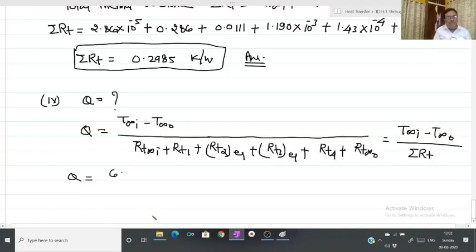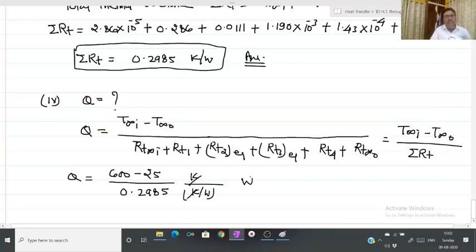T infinity I is 600, T infinity O is 25. The value of thermal resistance just now I could calculate. See, this value is in Kelvin per watt, so Kelvin will get cancelled.